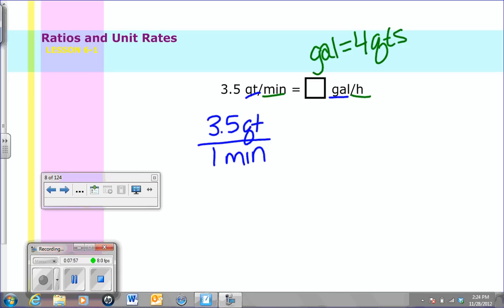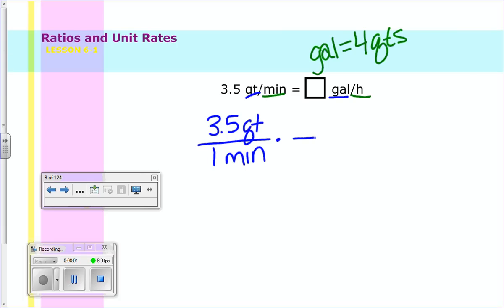All right, so let's see how you did. Well, first I'm going to switch from quarts to gallons. As I told you, there are 4 quarts per gallon. So that's what I'd write first, and quarts cross out. Now I have gallons per minute, but I need to go from minutes to hours. So minutes are on bottom, so now they're on top. And I know there are 60 minutes in 1 hour.